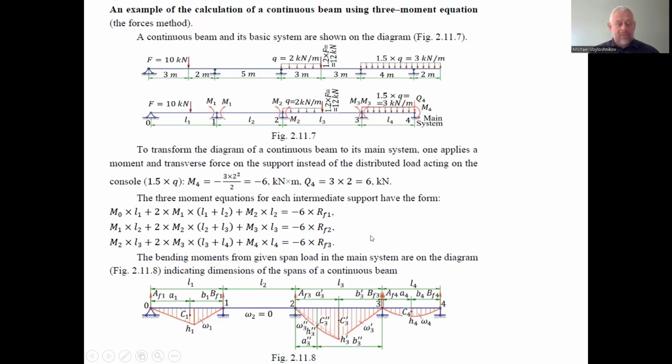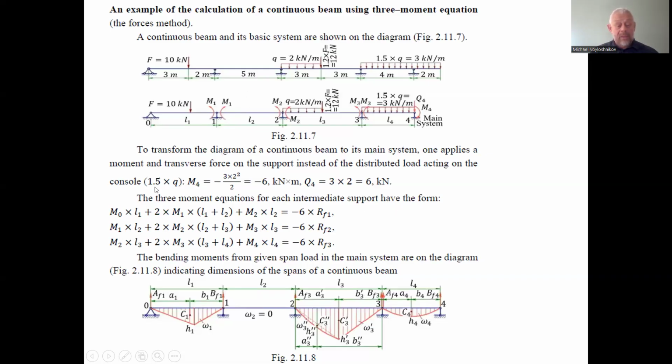The general form of three moment equations for the remaining main system. We substitute the supporting links, besides only two ones, the left one and the right one. We substitute these 3 by hinges installed at the points of connection of the supporting links. And in a general approach, we have 3 mathematical equations, one for each intermediate support.